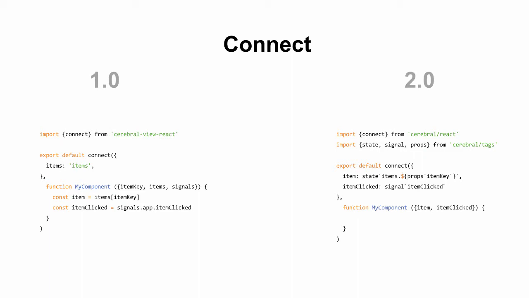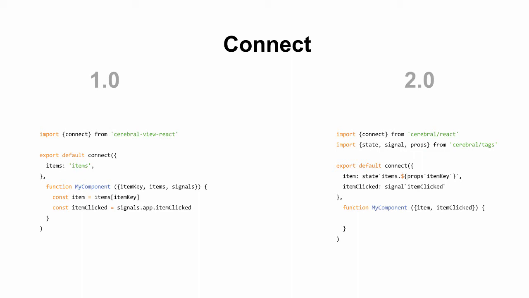In this case, we want a specific item by pointing to the item state, and then we compose in the props of item key. Props here points to the props passed into the component, and state points to the state tree of Cerebral.